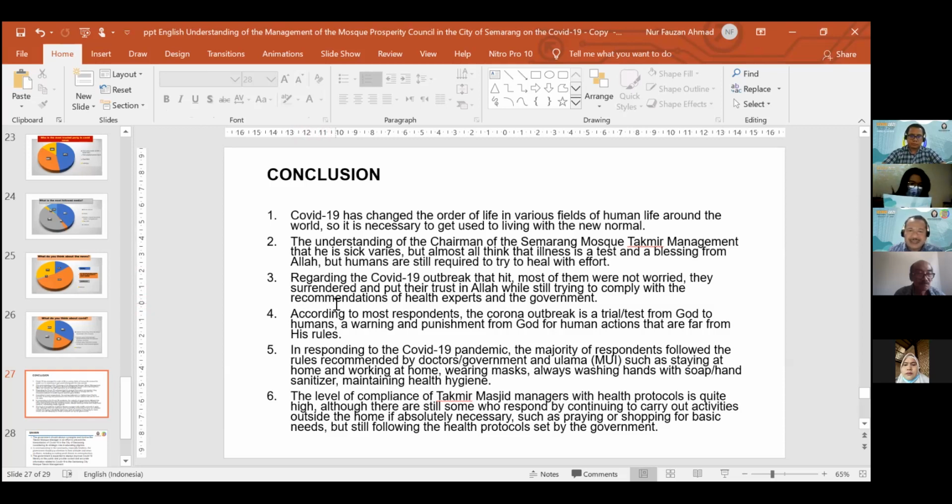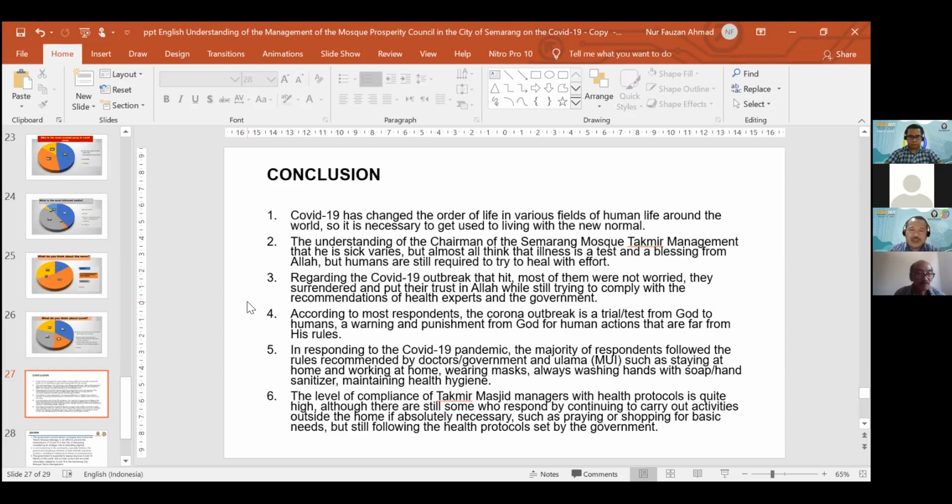Regarding the COVID-19 outbreak, most of them were not worried. They surrendered and put their trust in Allah while still trying to comply with the recommendations of health experts and the government. According to most respondents, the corona outbreak is a trial or test from God to humans, a warning and punishment from God for human actions that are far from his rules.